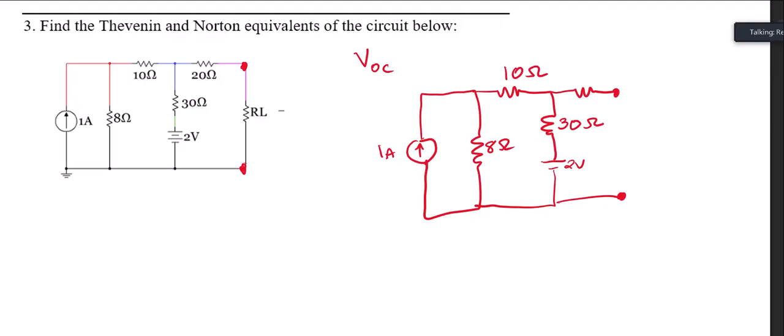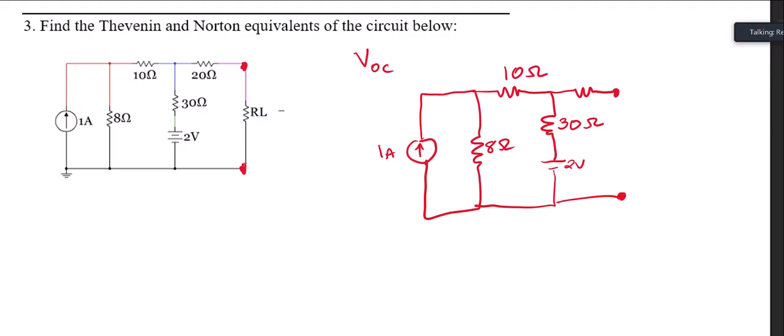We do have to worry about it for finding the Thevenin resistance, because it is definitely part of the resistance of the circuit on the other side of that resistor, but we don't have to worry about it for finding the open circuit. Okay, so now let's see.